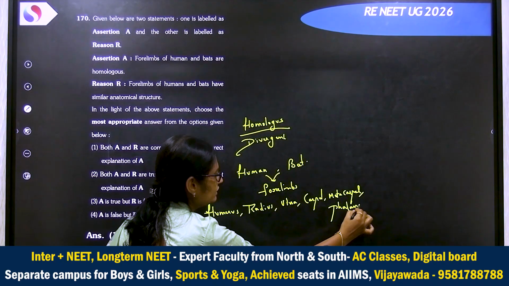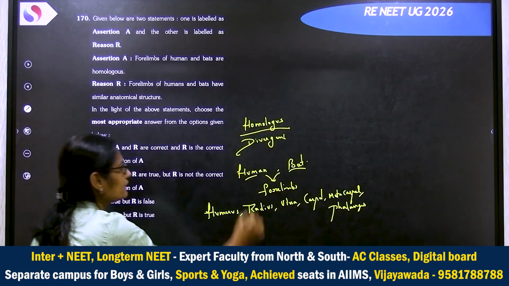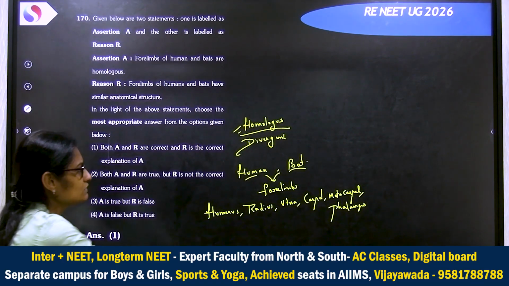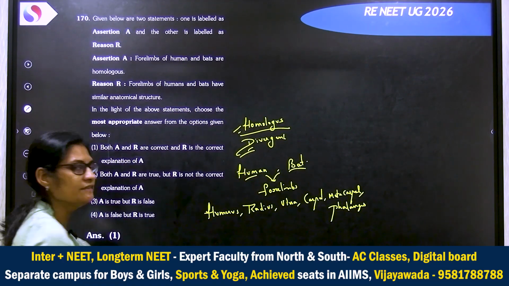All these bones are the same in human as well as in bat. So they use the term homologous organ. Homologous organs show divergent evolution.